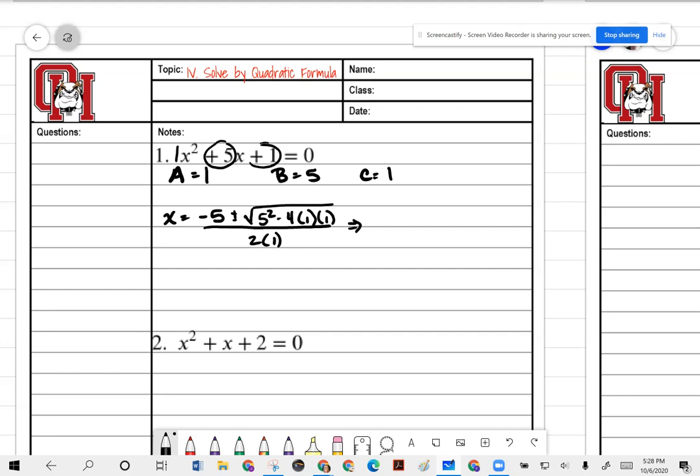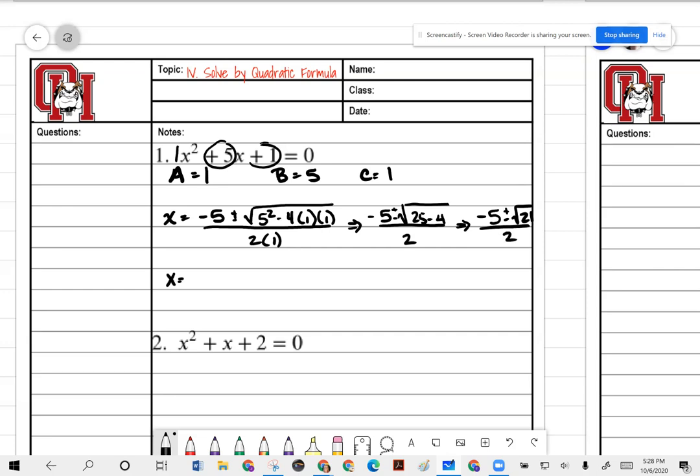And so from here, all you're doing is your algebra, just simplifying. We've got 25 minus 4. That's going to end up being a 21. So you've got negative 5 plus or minus rad 21 over 2.